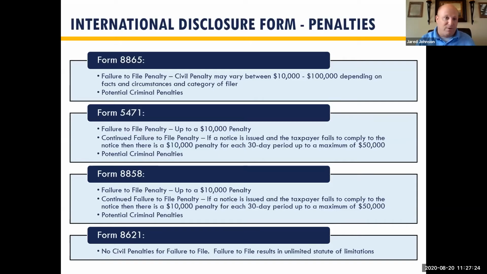So if you have two accounts and they each have $5,000 in it, you have to file the FBAR and report both accounts. And so that's why you have to report some accounts with $250 in it.